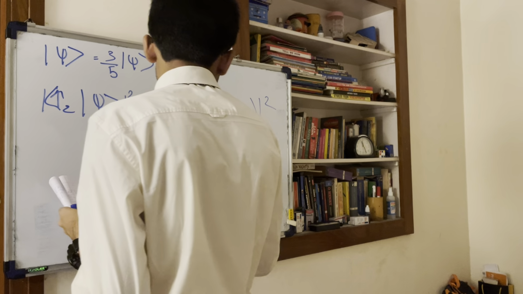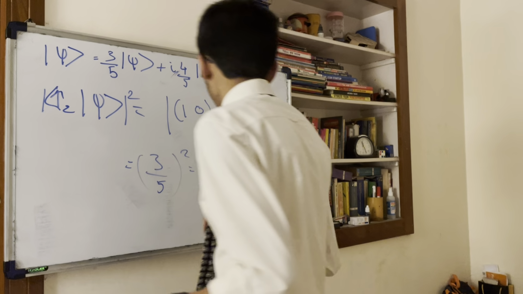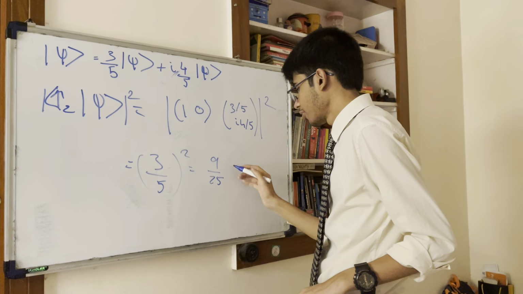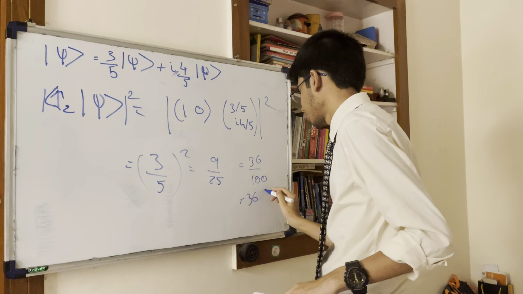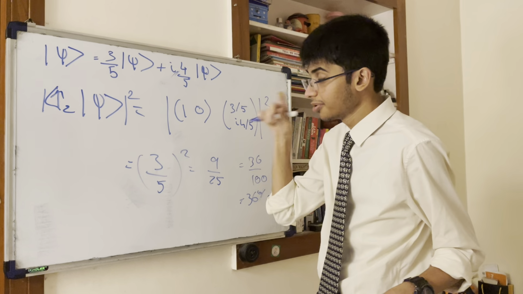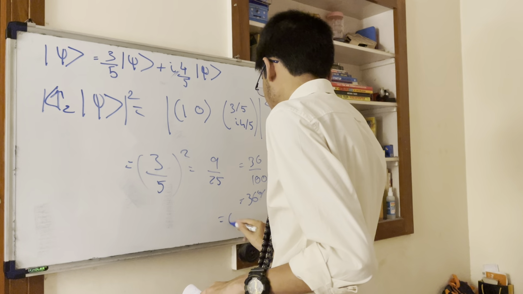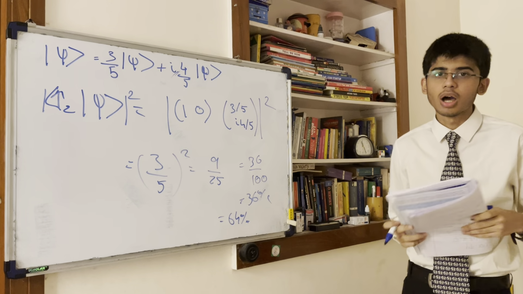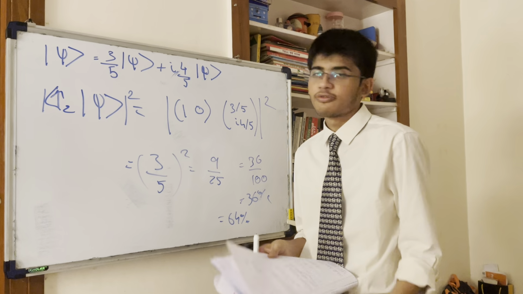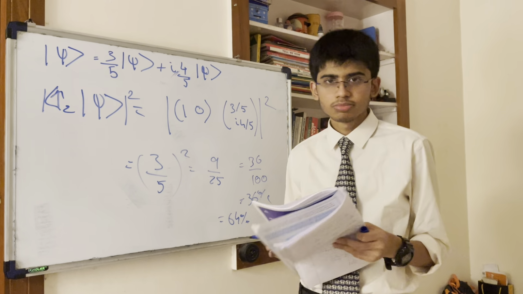So I've got 9 by 25, so if I'm going to convert this to 100, I'll get 36 by 100. So 36%. And the reverse for spin down, so it will be 64%. So now we know how to find the probabilities of spin up, spin down, etc.